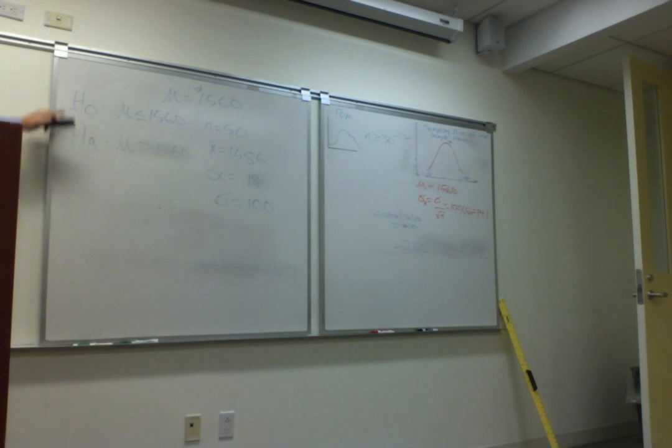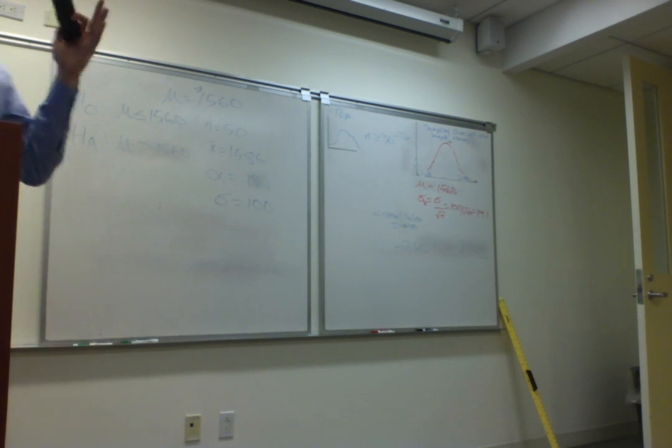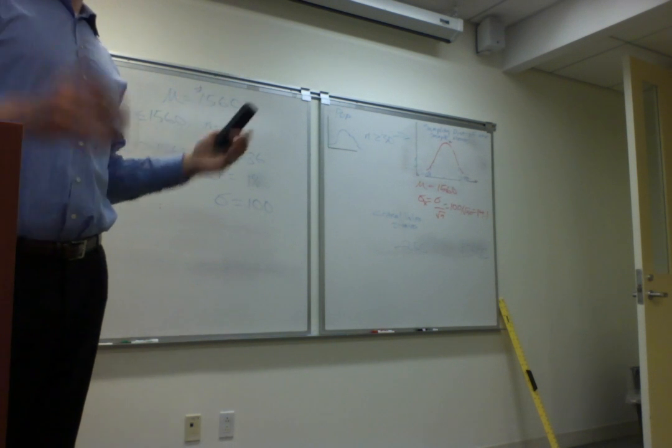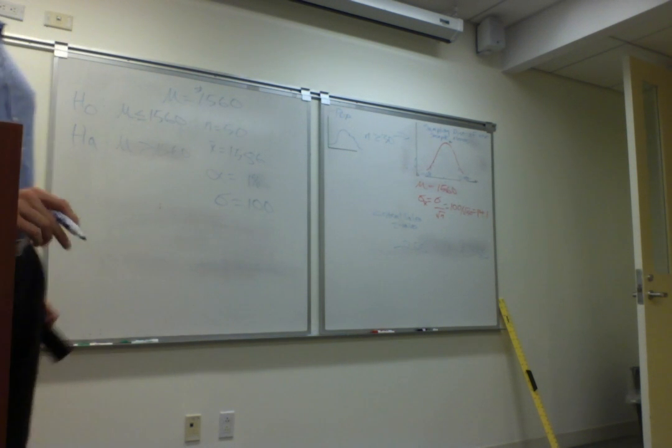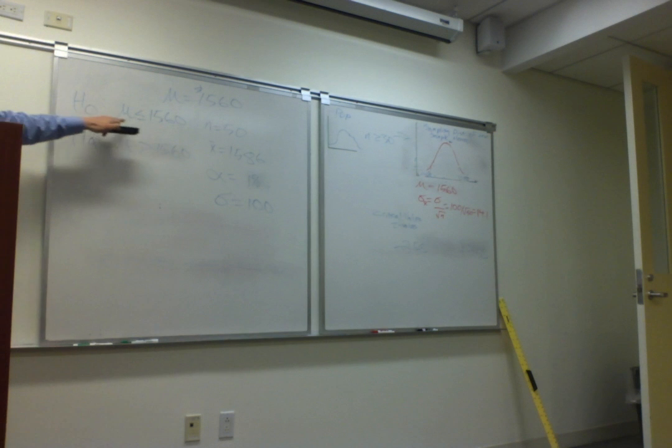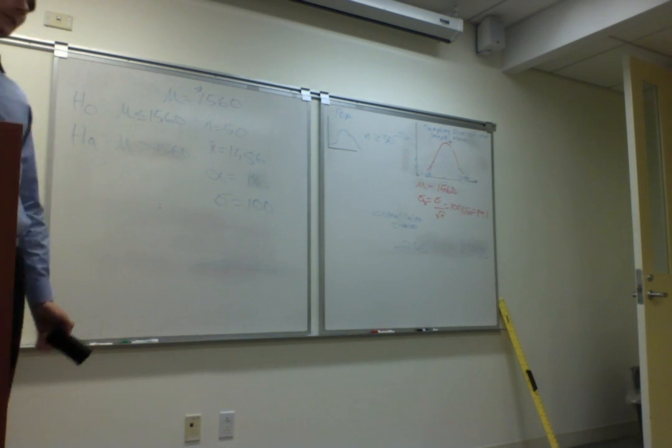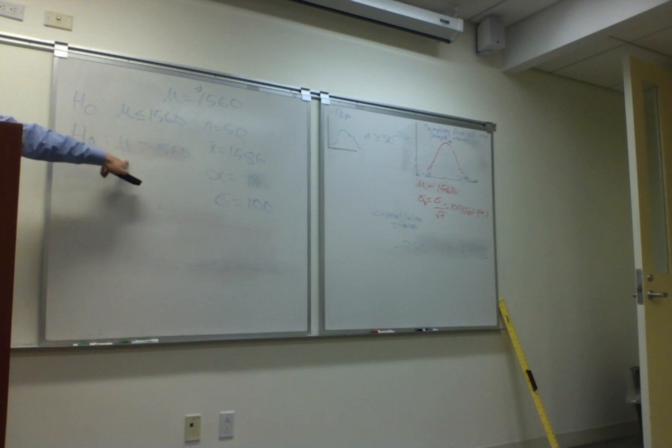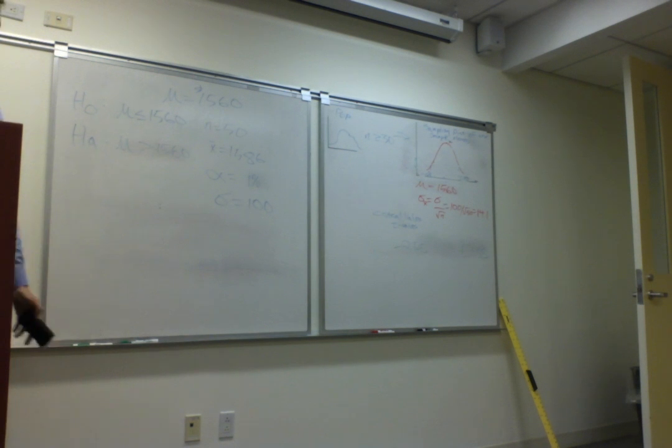So I've still constructed a hypothesis test that encompasses all possible outcomes. The null hypothesis: the mean is less than or equal to 1560. The alternative hypothesis, which is what I'm thinking I might be able to prove, is that the mean is greater than 1560.